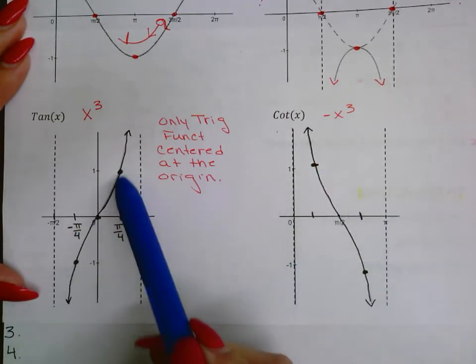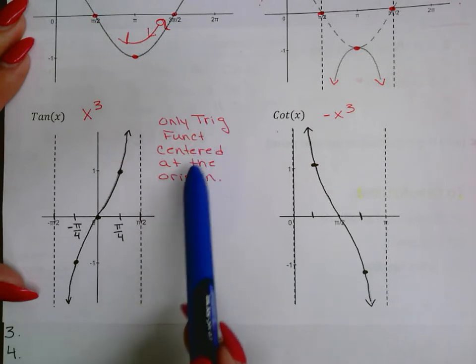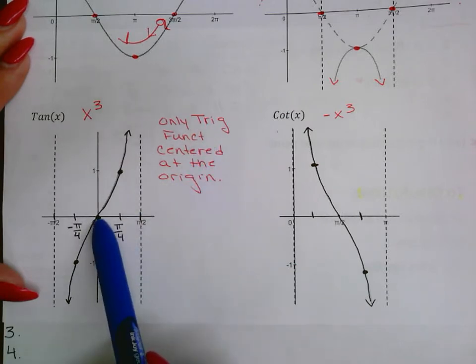Now, the biggest difference for both of them is that their cycle is, instead of 2 pi over b, a single pi over b. That's the first big difference. And then the second big difference is only for tangent, and that's that tangent is the only trig function that's centered at the origin.